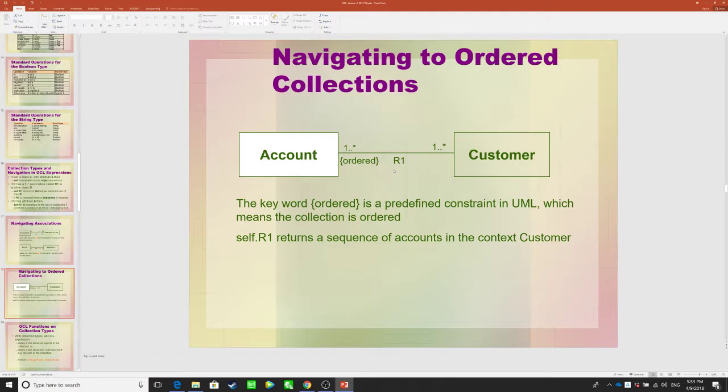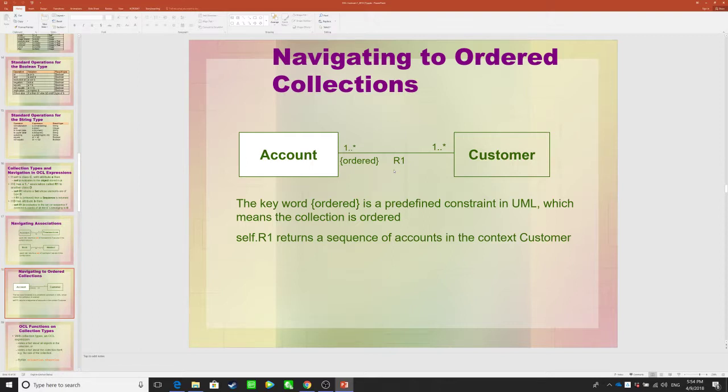But here the difference is it's many-to-many. If we put the context as customer, then self is a reference to the customer. Then self.r1 returns a sequence of the accounts owned by that customer, in some sort of predefined order. Is there any question about this part?